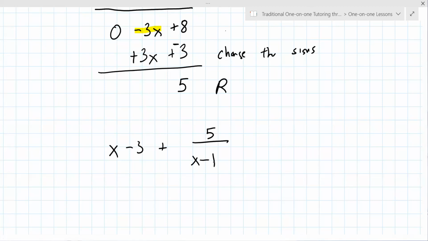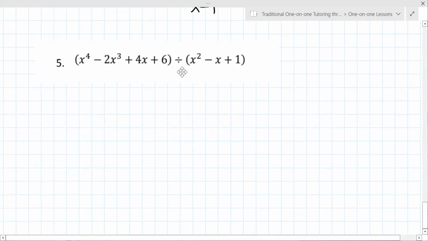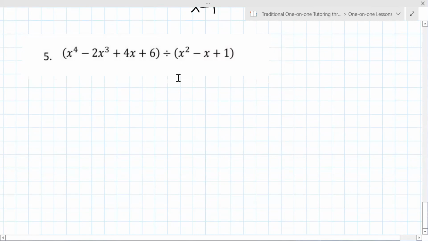All right, so let's look at number 5, which has got kind of a little wrinkle in it that's applicable to tests. I think your test will probably say to use polynomial division or use long division. I can't imagine it wouldn't tell you that, but I think it definitely will. So there's a small problem with what's over here on the left.